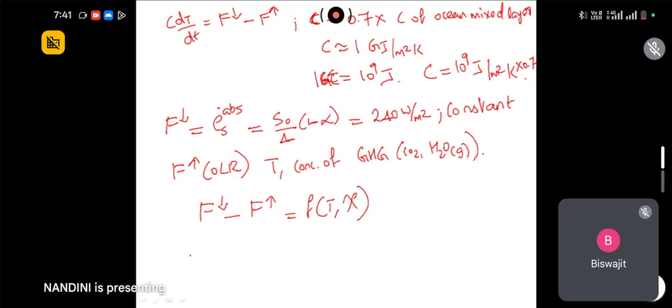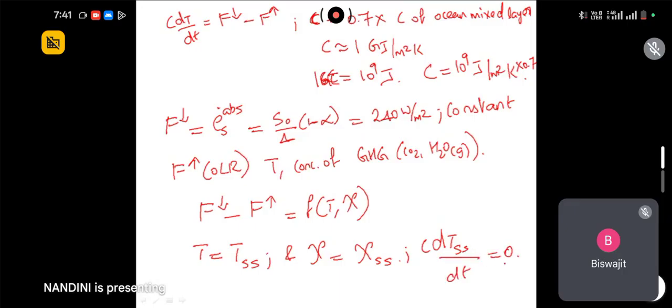In a steady state climate, the temperature is constant, T is equal to T SS, and chi is equal to chi SS, the concentration of greenhouse gases. Also, the change in temperature with respect to time will be zero, so C into dT SS by dt is zero in a steady state climate.